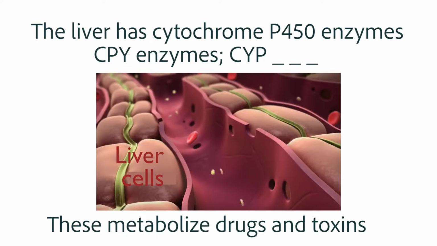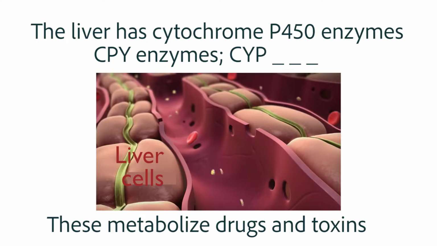Why is it that all of our medications want to go straight to the liver and go into the liver cells? Well, while most cells can help metabolize medications, the liver cells have full access to hundreds of what we call cytochrome P450 enzymes, which are abbreviated as CYP enzymes.